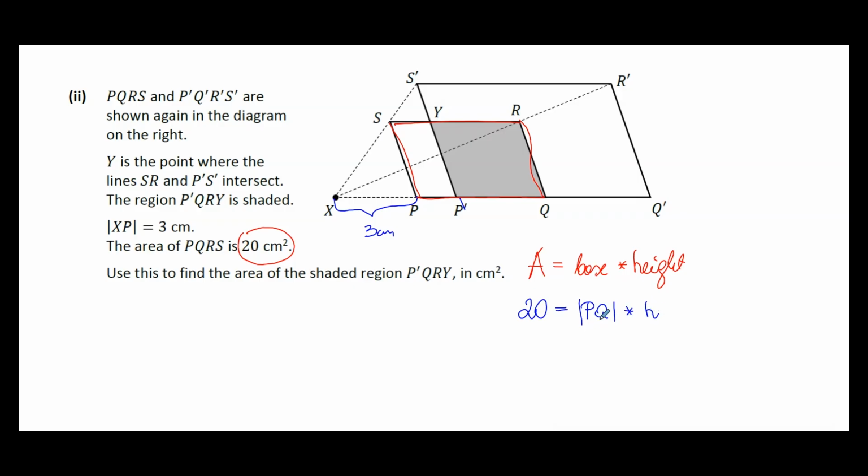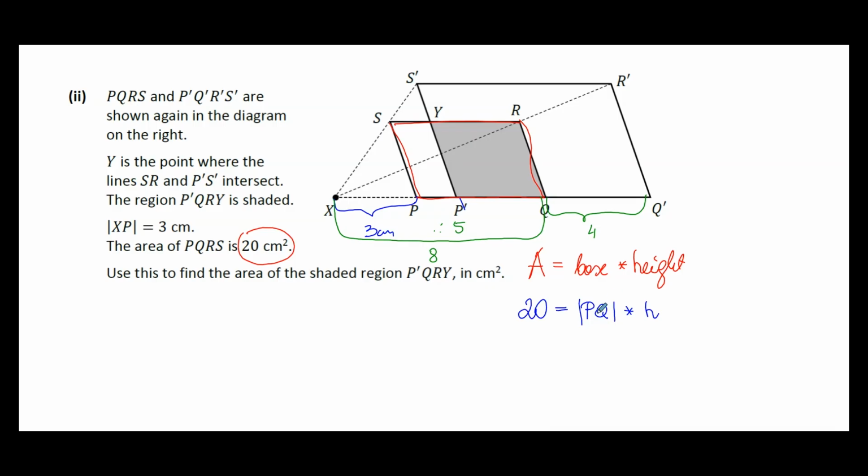So can I find PQ? I have quite a number of pieces of information, don't I? I know that this part here is 4. I know that this part here is 8. So if that little piece here is 3 and all of that is 8, that leaves me with 5, because 8 minus the 3 gives me 5.